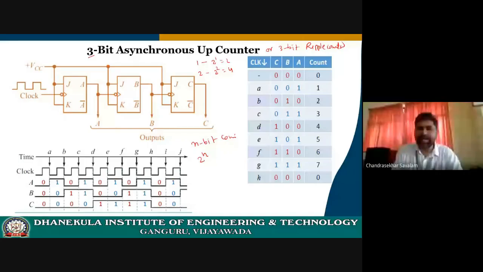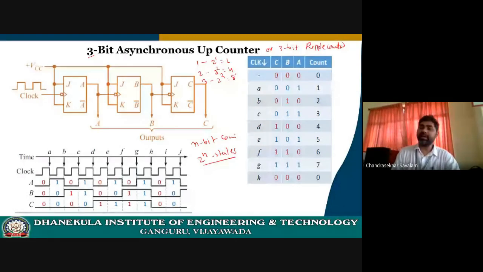An n-bit counter has 2 power n states. So a 3-bit counter means 2 power 3, 8 different states. Okay, students, do you understand this?